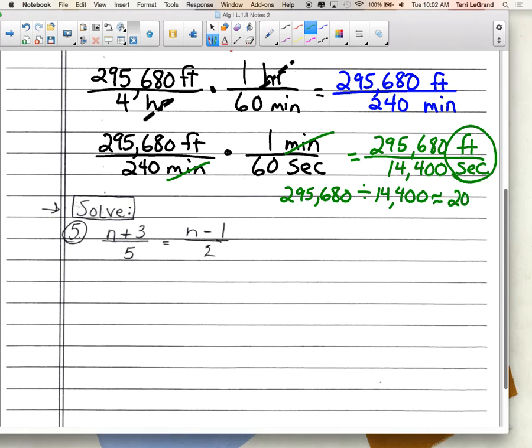Ooh, tenth. Sounds to me like you went to the hundredths. 20.5, 20 and 5 tenths. It is approximately equal to, notice I use the approximately equal to sign because we rounded, and our label would be feet per second. They may possibly write that as FPS also, feet per second.